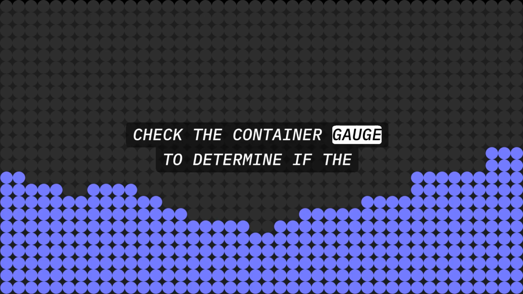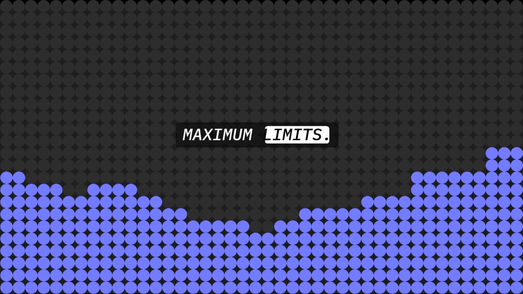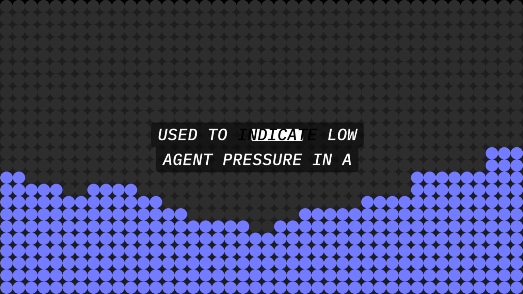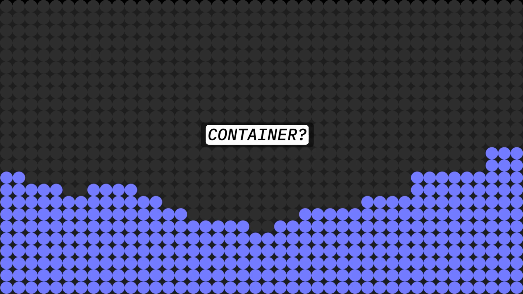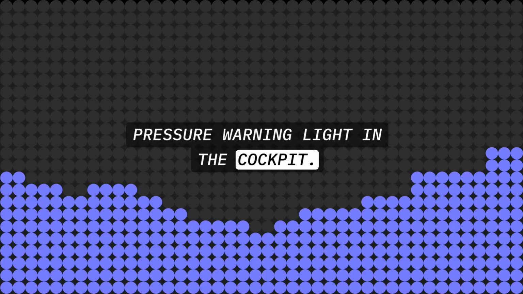Check the container gauge to determine if the pressure is between the prescribed minimum and maximum limits. What methods other than the pressure gauge is used to indicate low agent pressure in a container? Some aircraft are equipped with a low pressure warning light in the cockpit.